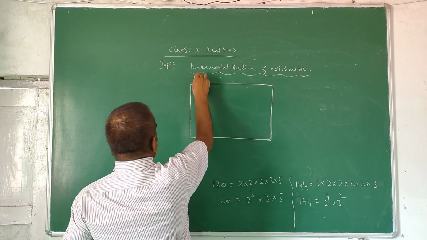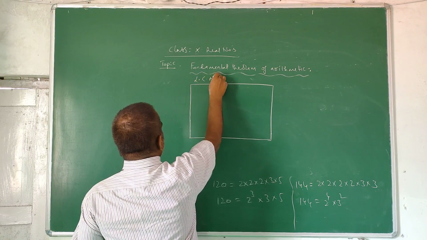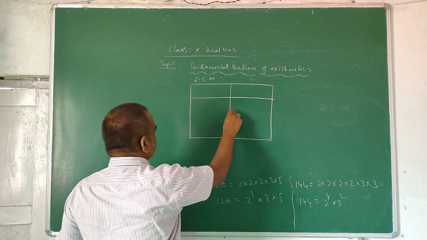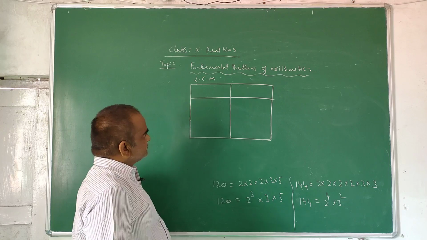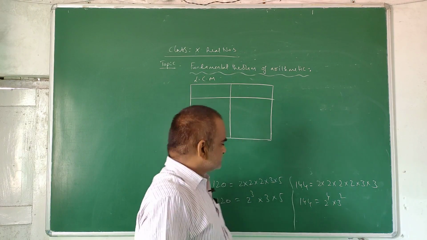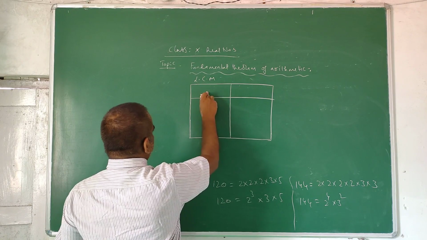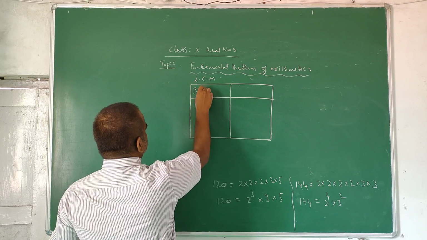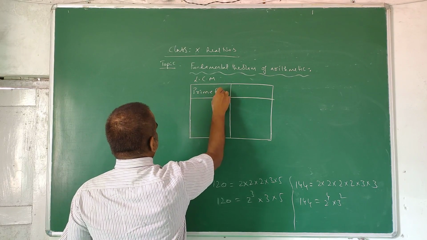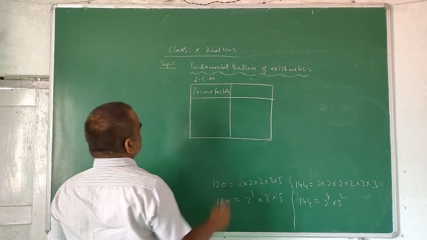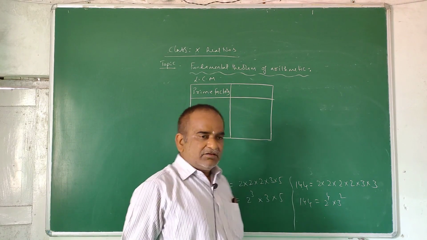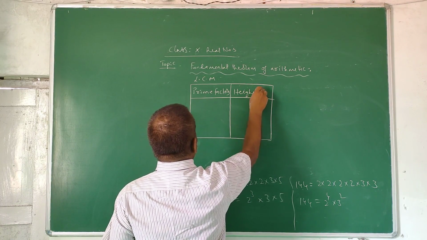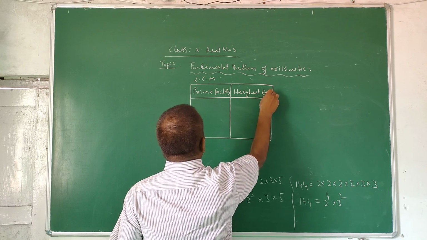So you are finding first LCM. Take a table, divide it into 2 blocks. You write the prime factors and highest exponent.